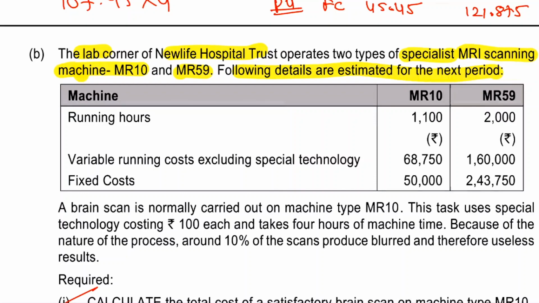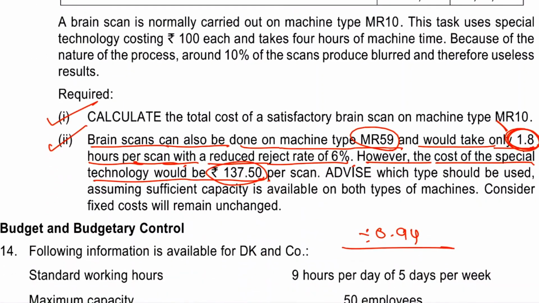Okay, listen, let's read first of all. Advise which type should be used, assuming sufficient capacity is available. Now there is something you will have to choose, so you should be a little bit careful with this.